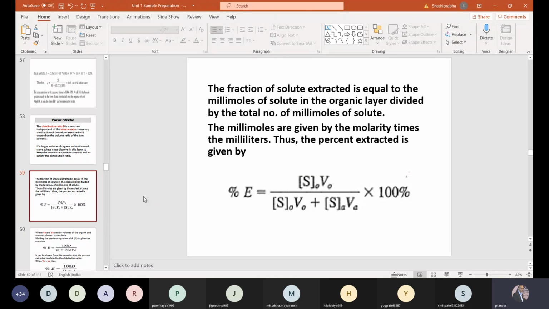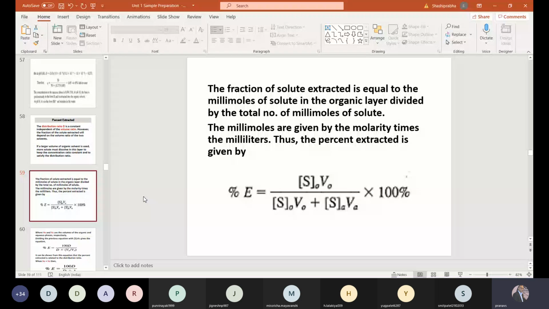So for finding the percent extraction, we need to know the amount which was present initially. When we extract, some amount of substance goes to the organic layer. From that value and the initial amount present, we can calculate the percent extraction.